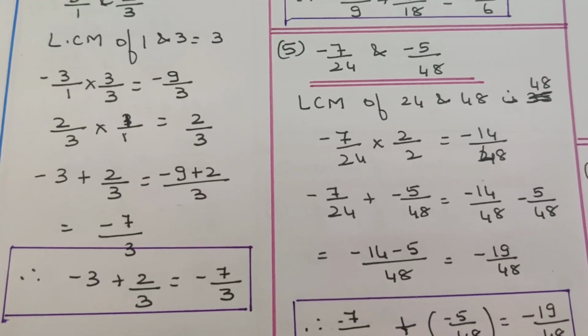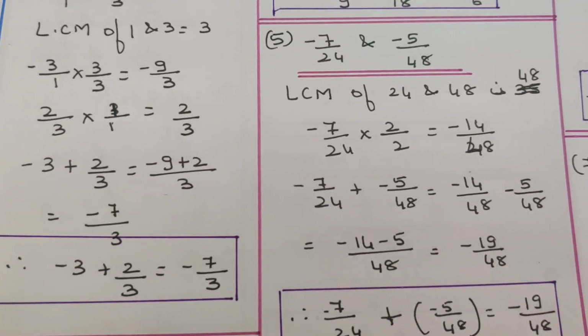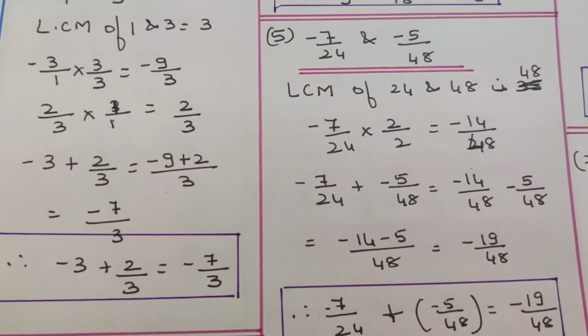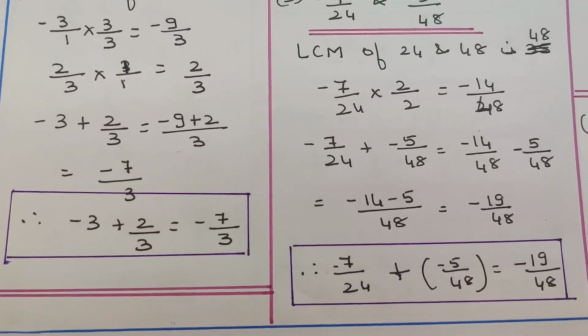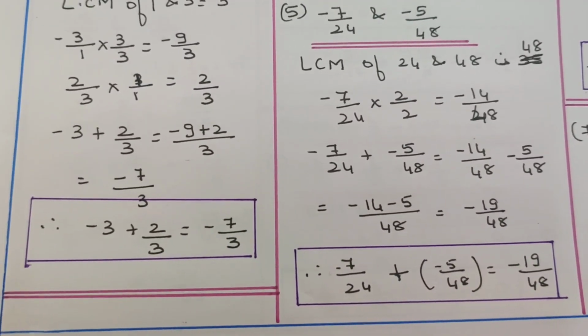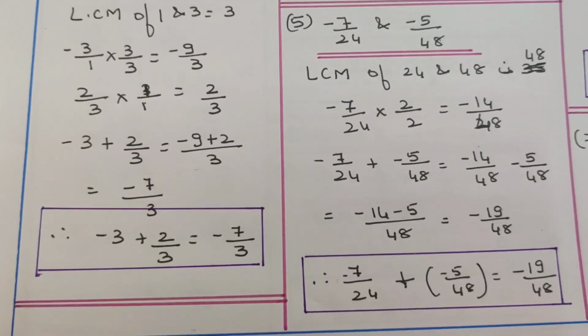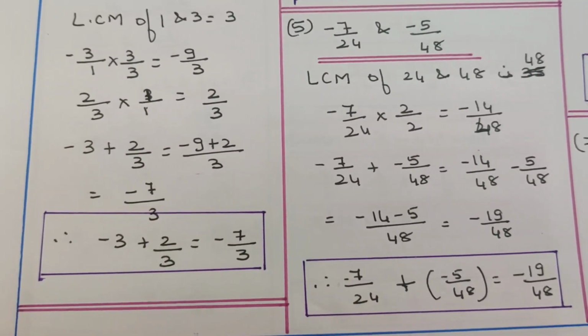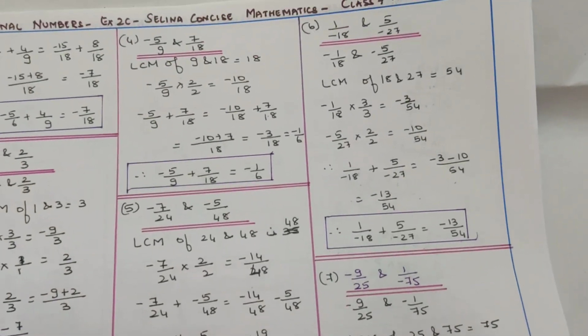Now when you add these two numbers, you get minus 14 by 48 minus 5 by 48. So when you do the simplification, the answer is minus 19 by 48. Just pausing for a few seconds for you to understand my calculation. Hope it is clear. Let's move on to the sixth sum.